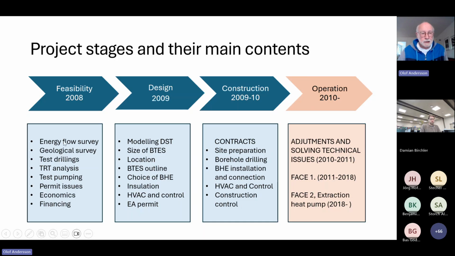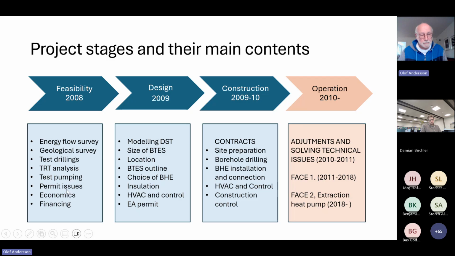The feasibility study was executed in 2008. We made an energy flow survey, a geological survey, four test drillings, TRT thermal response test analysis, and test pumping.